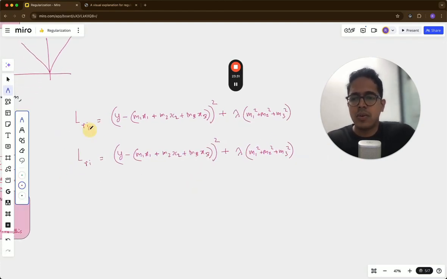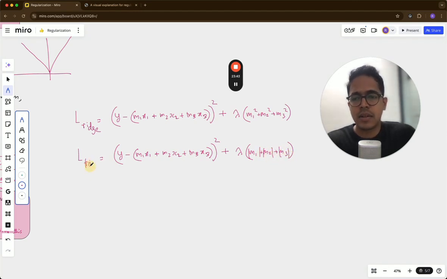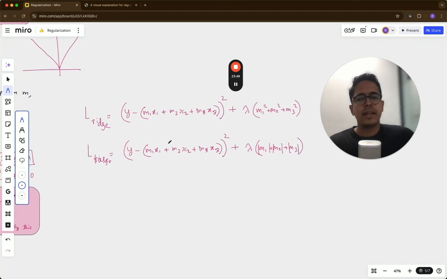For lasso, the square will be removed, and you simply add the modulus of these model parameters. So this is lasso. Then you can do the derivative and generalize whatever you found with just one model parameter, and whichever model parameter wants to be exactly 0, it is possible in lasso.